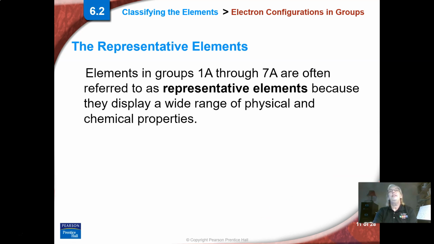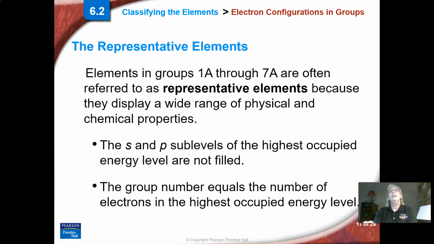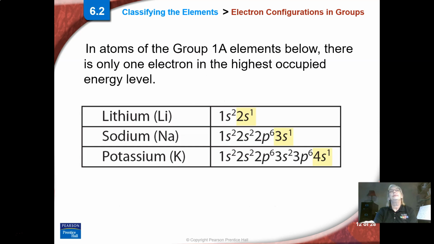Elements in groups 1 through 7 are called representative elements because they have a wide range of physical and chemical properties. The S's and P's are not quite filled yet, so that makes them reactive. The group number equals the number of electrons in the highest occupied energy level, and that's called the valence.